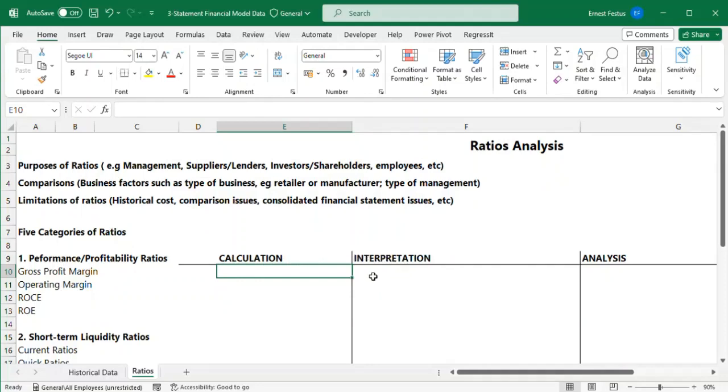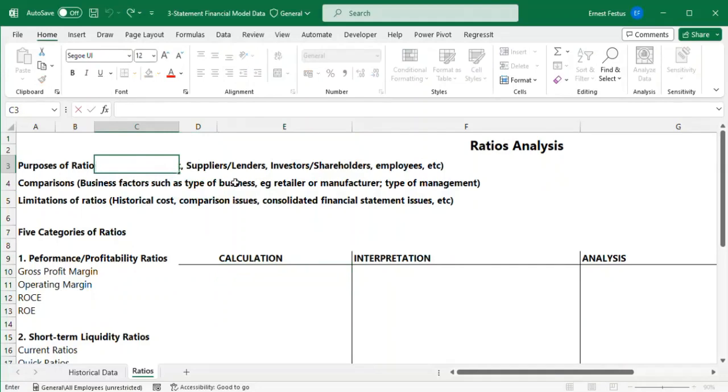Now, what are the purposes of ratios? The purpose of a ratio depends on the user of the financial statement. Who is the user of that financial statement and what is the user interested in? Which of the figures, which line items, is that particular user interested in? We have some users of financial statements here.